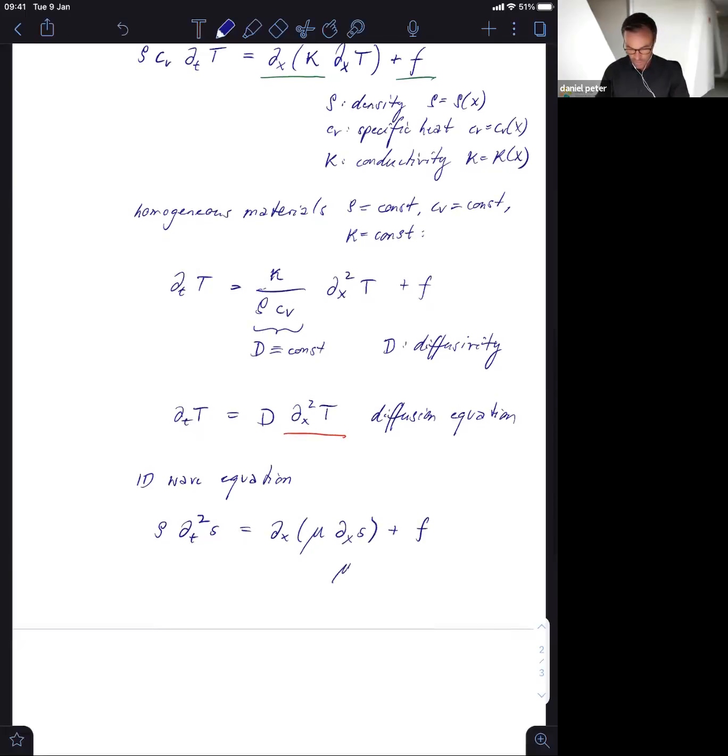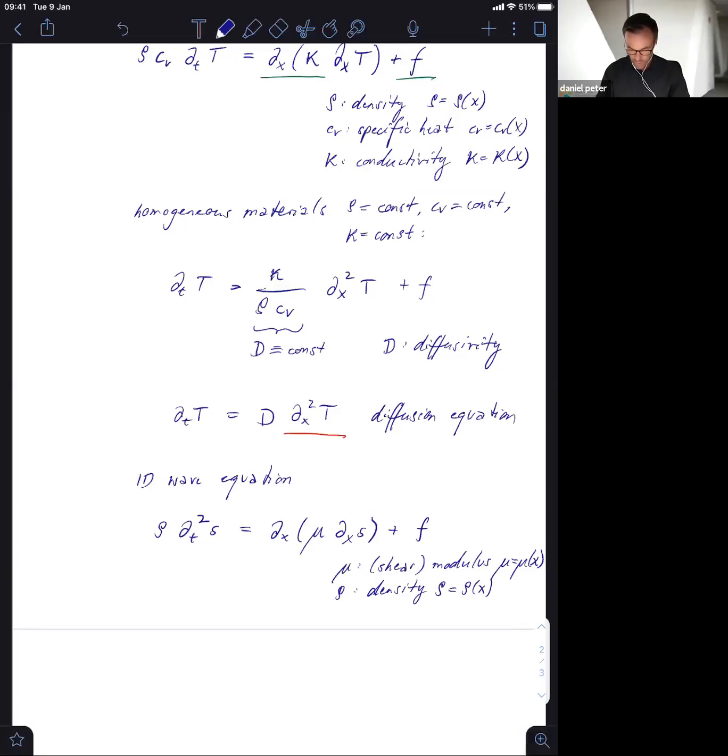And so here mu would be the shear modulus. And again, mu would be a function of position. Density, which could also be a function of position.